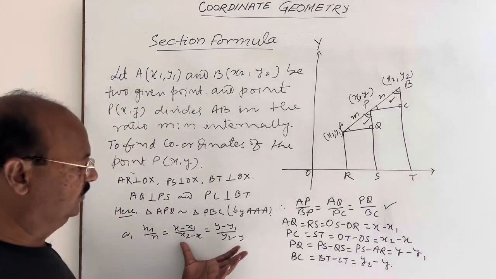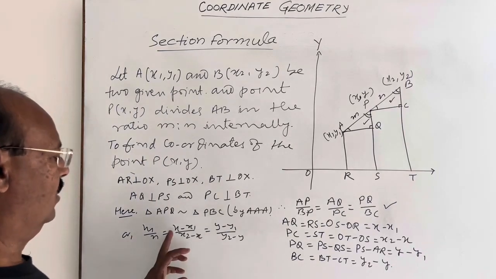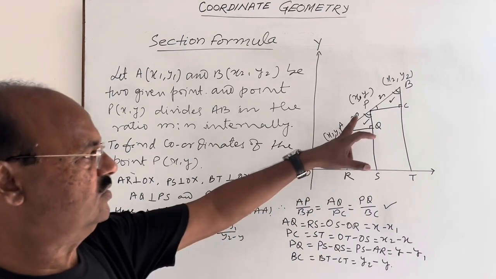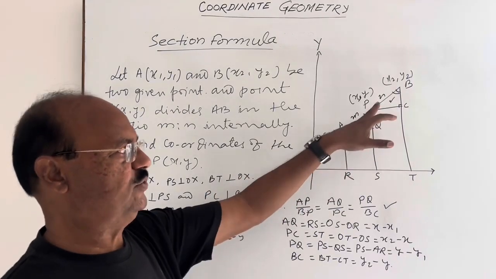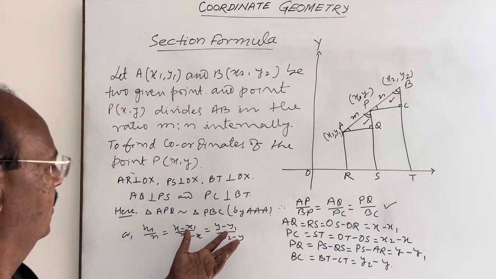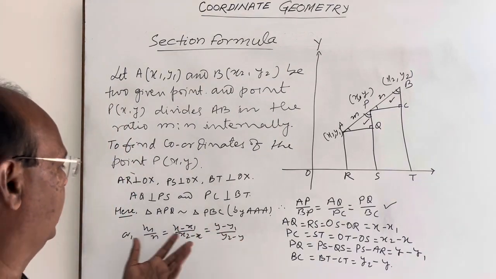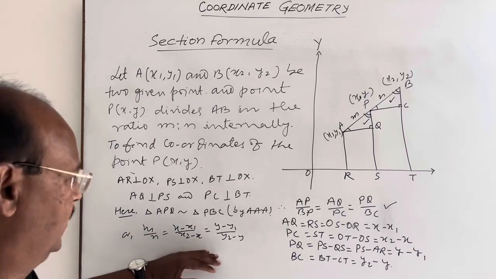Now with the help of this relation, we can find out values of X and Y, which are coordinates of this point P, dividing points internally in the ratio m:n, very easily in terms of x1, x2, y1, y2 and m and n. Let us try first x coordinate.